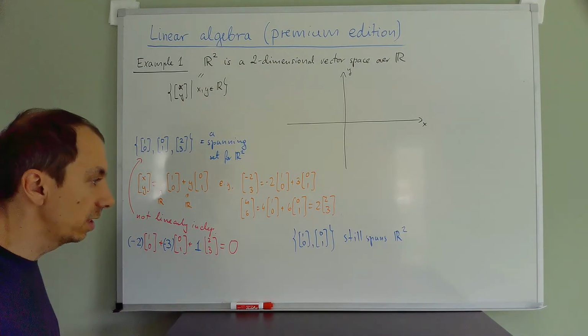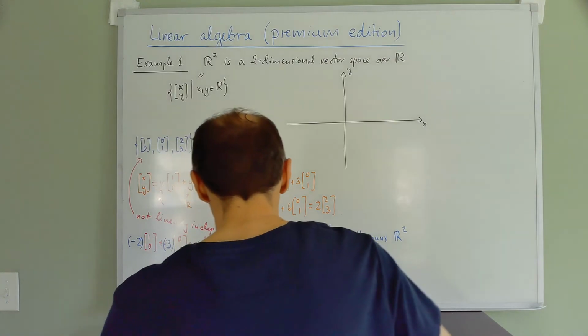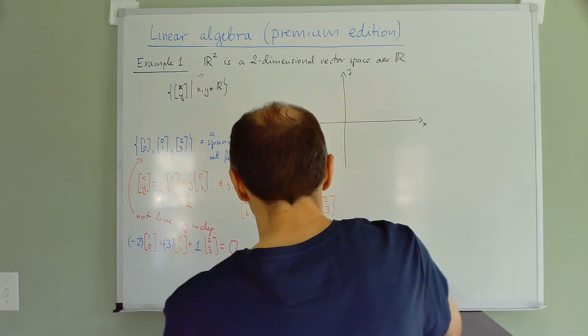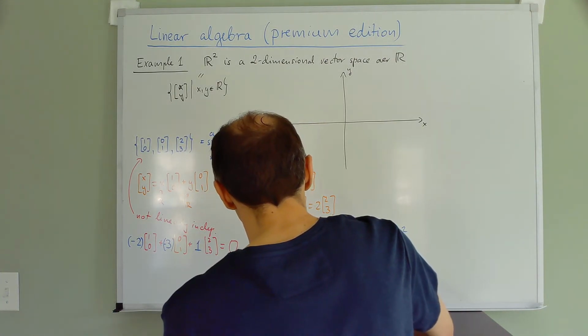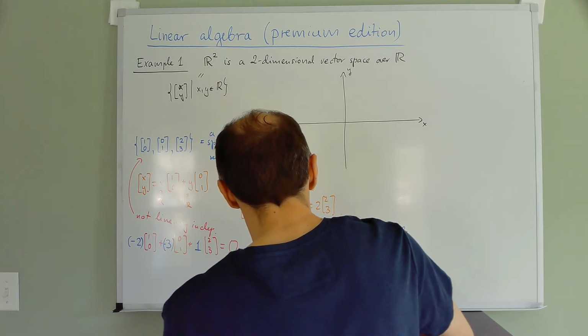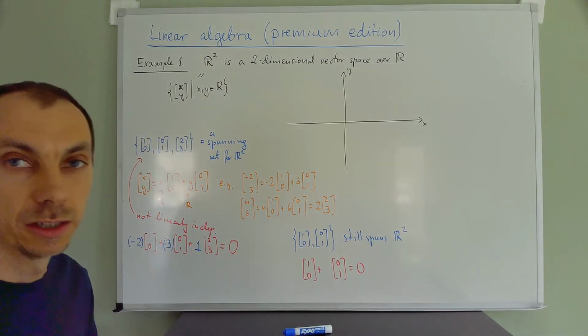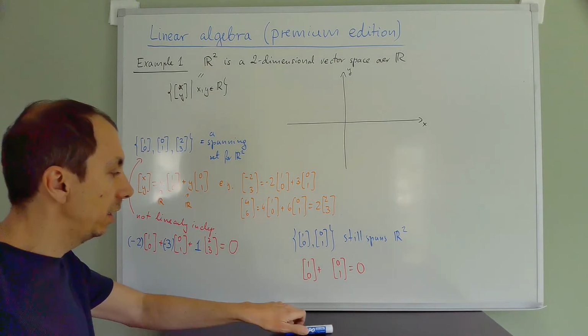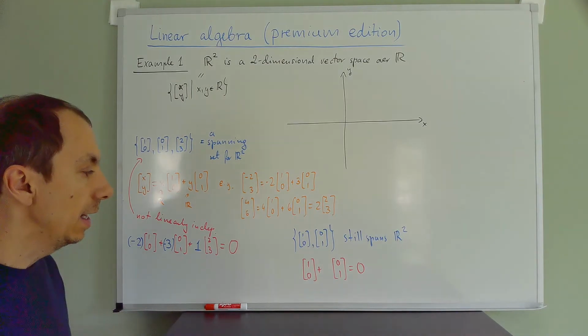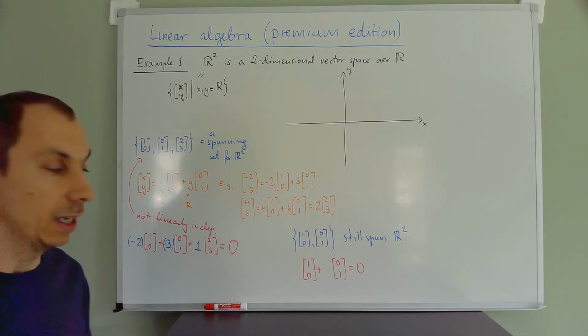But now I claim this is actually linearly independent. You can try this exercise for yourself first. Can I find now scalars to make these two add up to 0? And you see there's no way to find any, right?